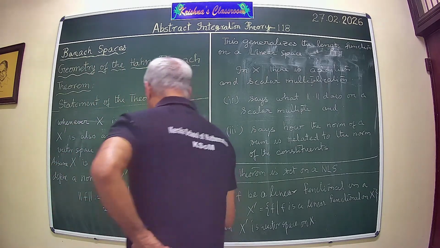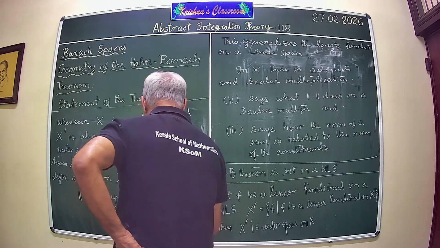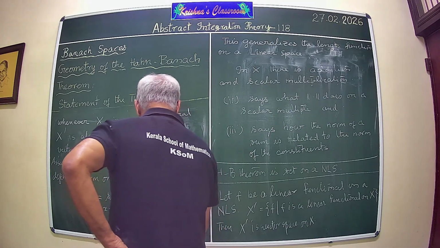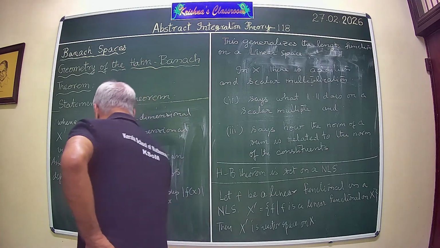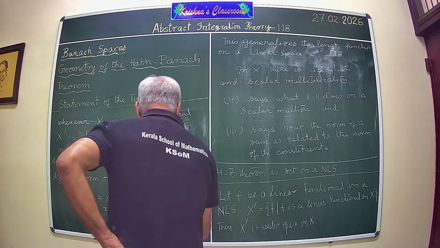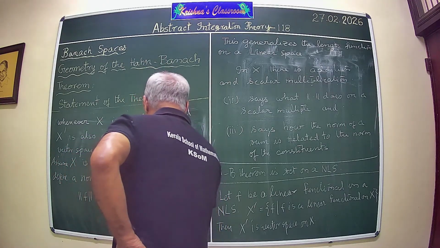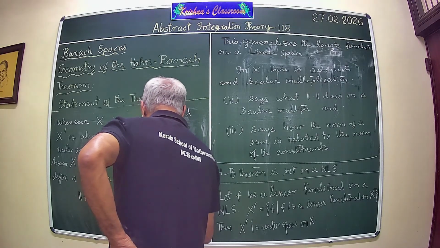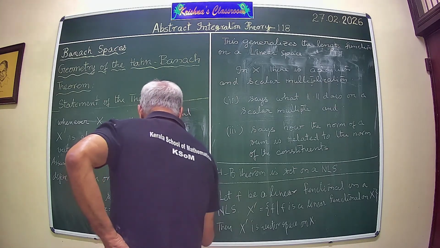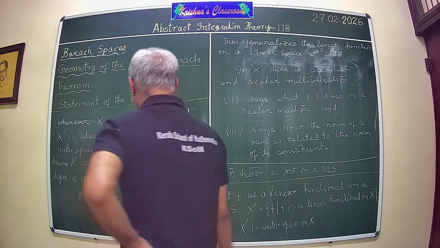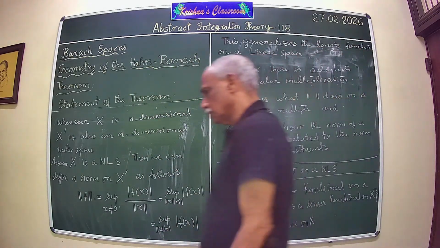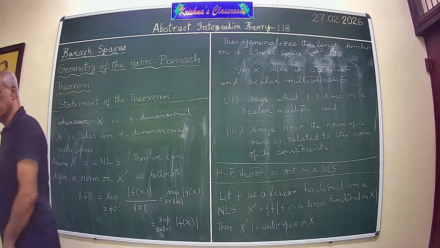Now this is the same as the supremum over norm of x equal to 1. This could be even seen this. So this defines a norm. So X prime is also made a normed linear space.